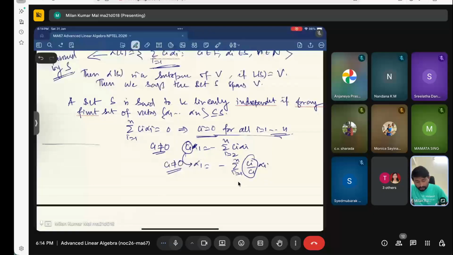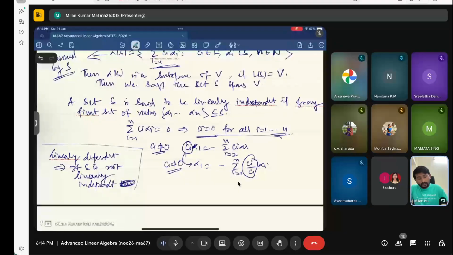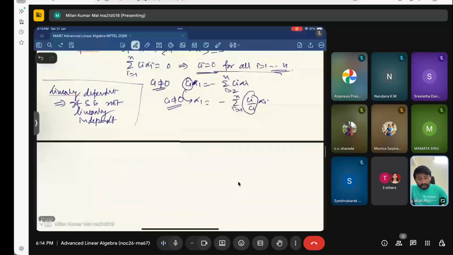So linearly dependent means that if S is not linearly independent, then we call it linearly dependent. For example, let's take R2.